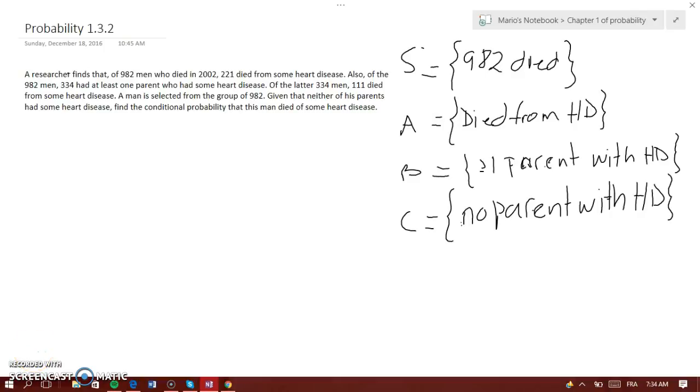Okay, so in this example, it says that a researcher finds that of 982 men who died in 2002, 221 died from some heart disease. Also, of the 982 men, 334 had at least one parent who had some heart disease.